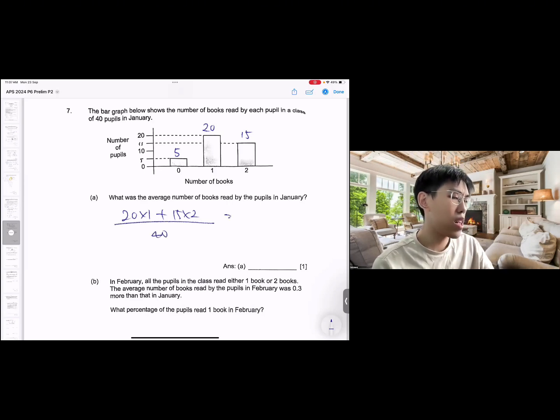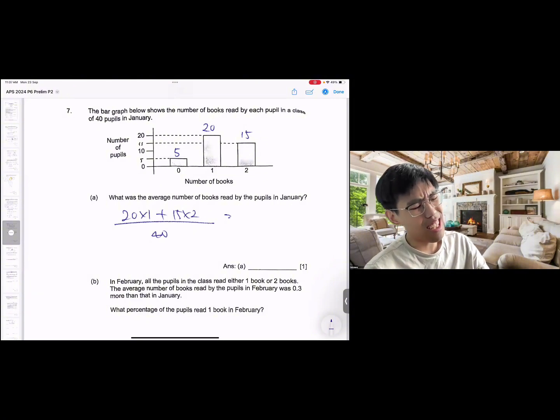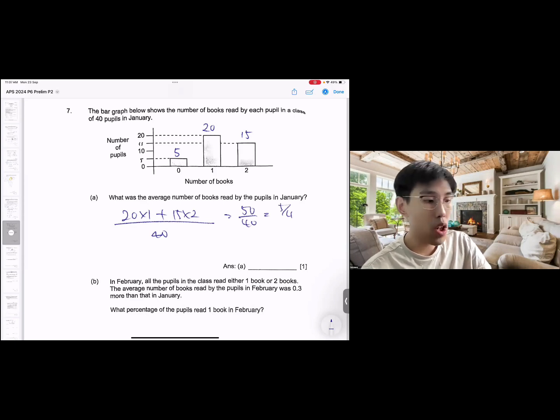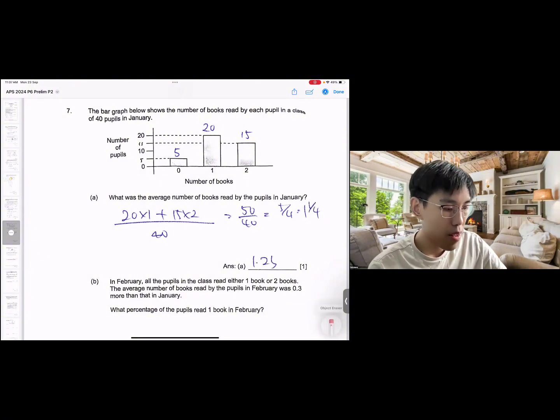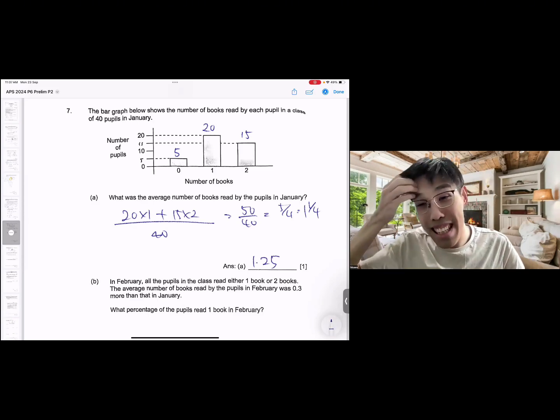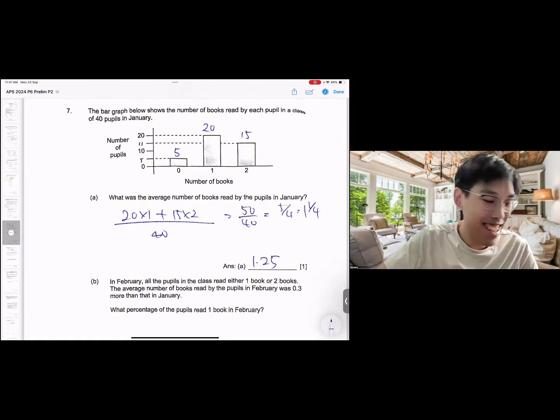This is 20, this is 30, so 50 over 40, which is 5/4. You can put 1 and 1/4, or you can put 1.25. It doesn't matter, don't need to simplify this. As long as the answer is correct already.